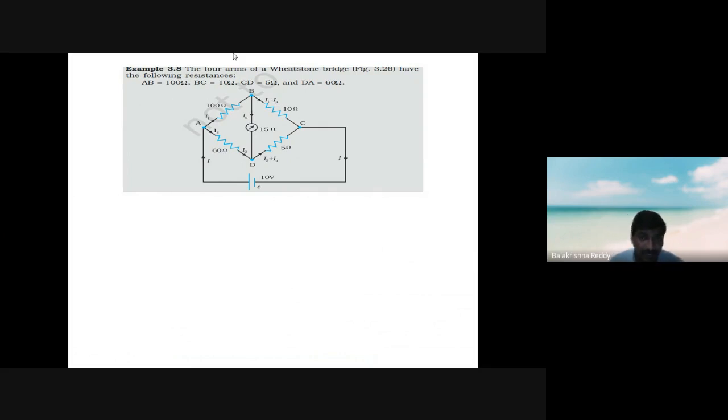But we know that some quantities are unknown: the current passing through the circuit, and the I1 and I2 we need to find. For that purpose we have this approach. Let us first consider any one loop.